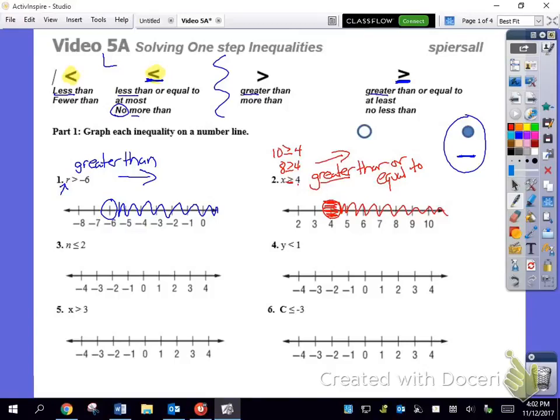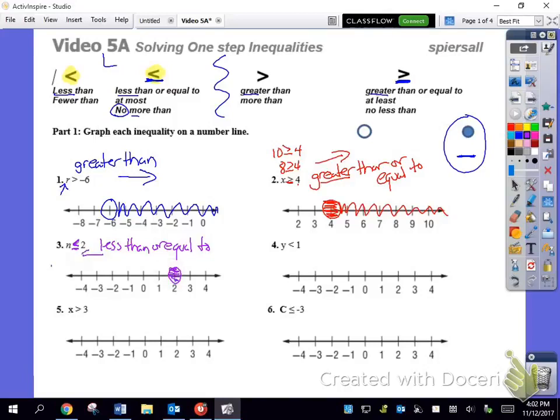Okay? So on number 3, this symbol right here, see, if I straighten that up, it looks like an L. So this is less than, and that line means equal to, less than or equal to. So since there's a line, I'm going to shade it in. So I find 2, I shade it in.